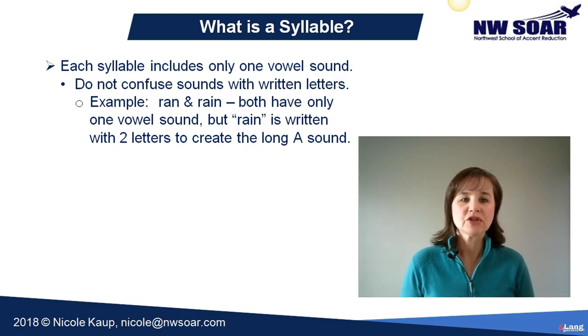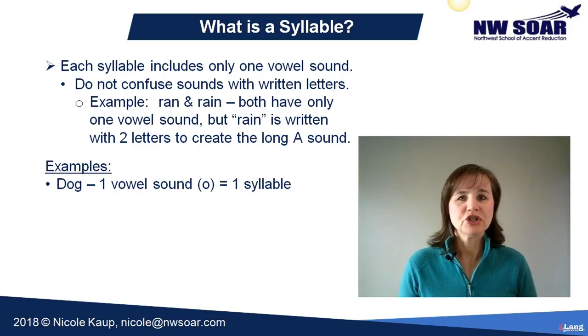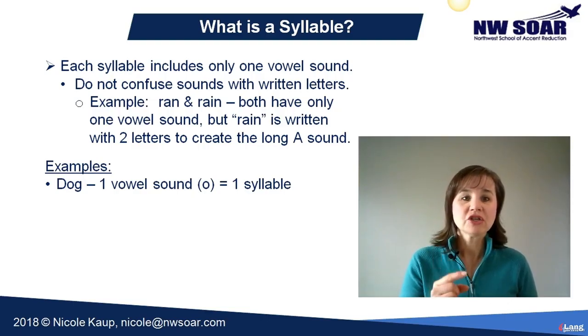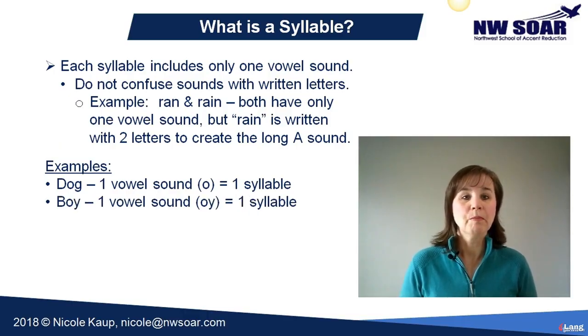So each of these words is a one-syllable word. Here are some more examples. The word dog has one vowel sound, the ah, so it's a one-syllable word. The word boy is a one vowel sound word, but it has two written vowel letters, oy pronounced oi, so it is also one syllable.